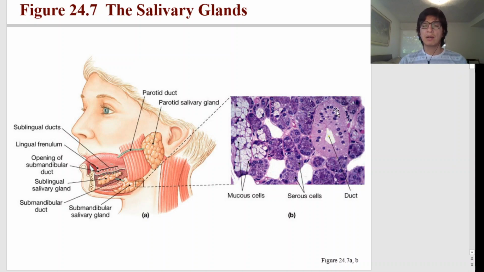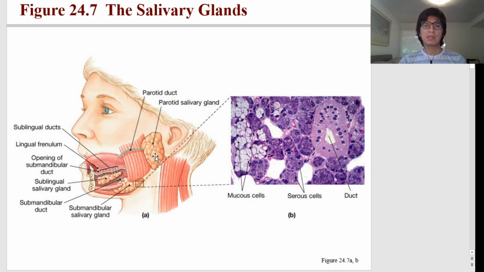So here you will have ducts. This is where all of these different acini, these different circular compartments, eventually merge into bigger and bigger ducts, and those ducts will lead to the surface of the oral cavity.